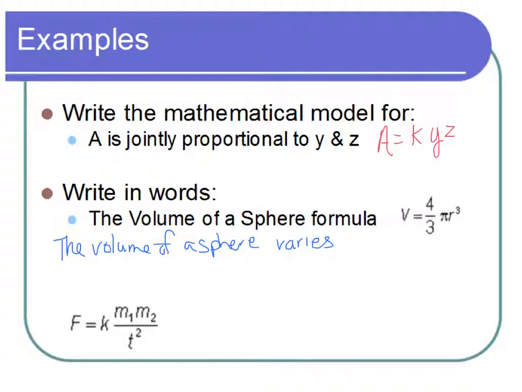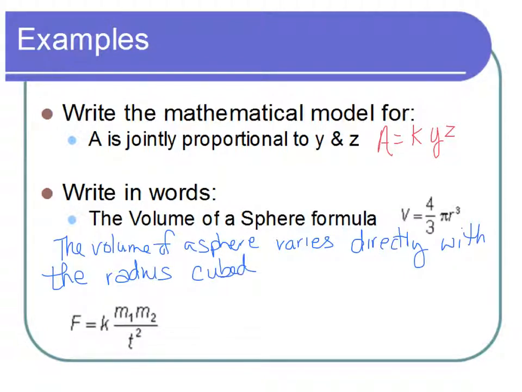So I'm going to say the volume of a sphere varies directly. Or another word that is used often there is proportionally. You'll see that on several problems. If something varies proportionally, that means directly. With the, and it's not just the radius, it's the radius cubed.